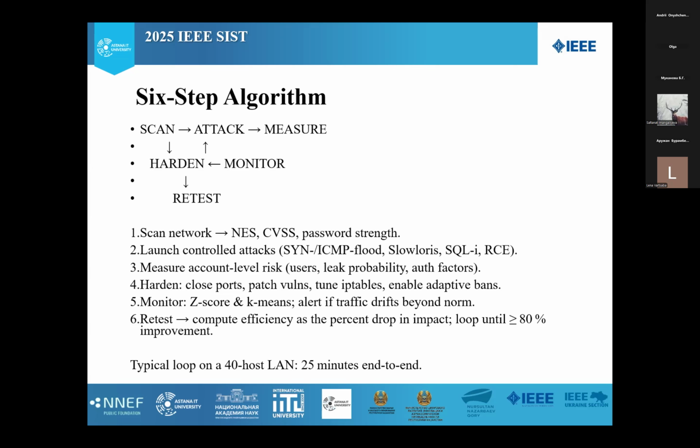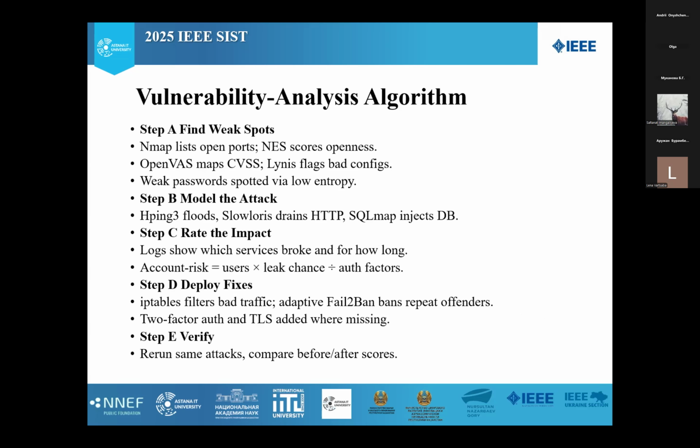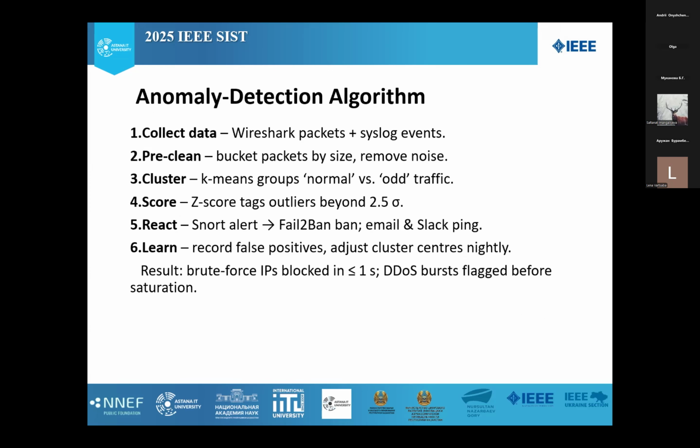And then we test to see what has changed and if our host is much safer. And the cycle of our algorithm takes about 25 minutes to slow networks. And it also helps to decrease attacks by 8%.